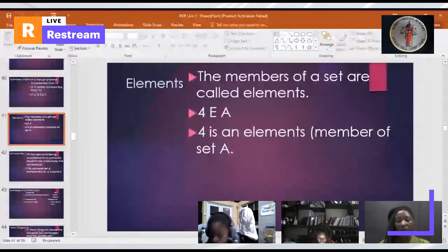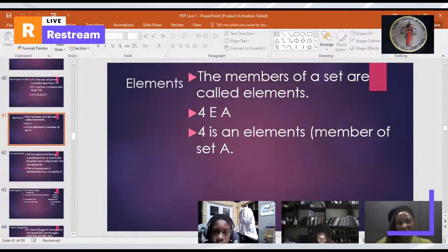All right. So to say that something belongs to the set, is a member of the set, we say it is an element. And we would write whatever the thing is, and then the symbol for element.